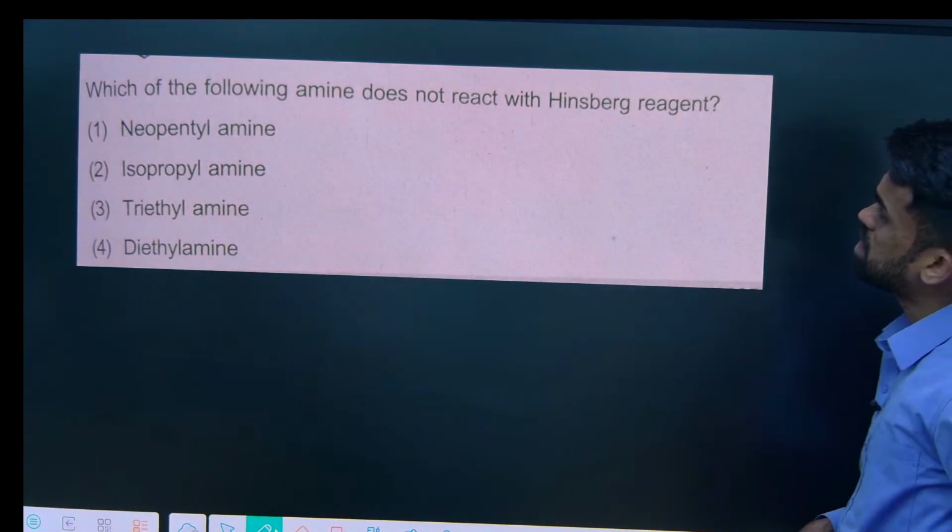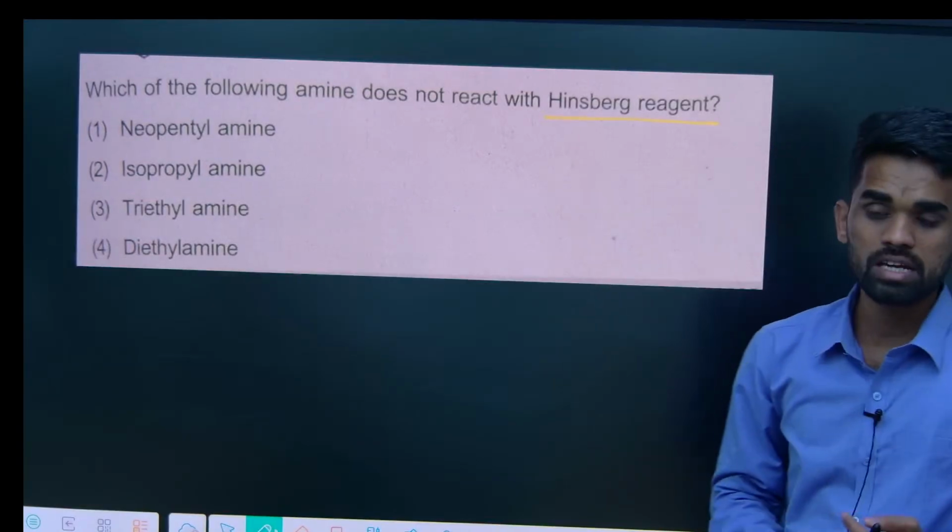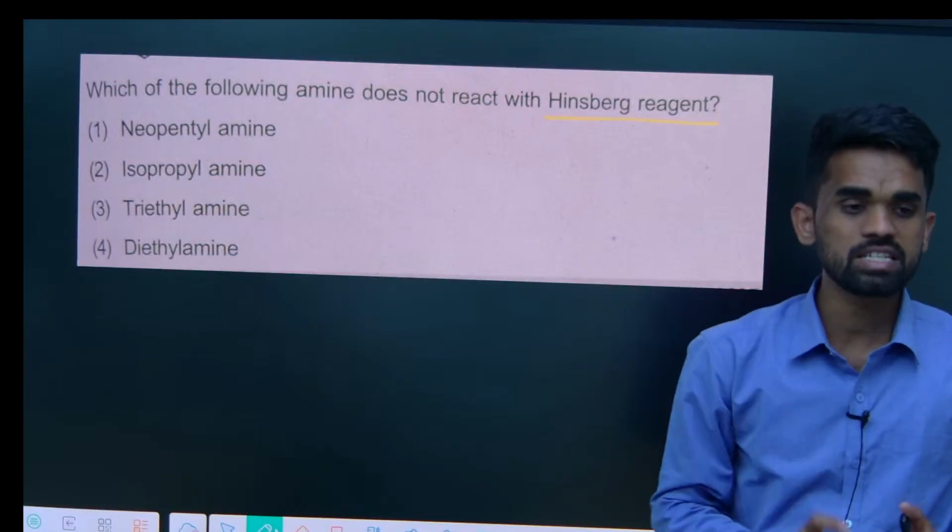Can you try this? Which of the following amines does not react with Hinsberg reagent? What is Hinsberg reagent? Tell me. In the last session also I discussed.